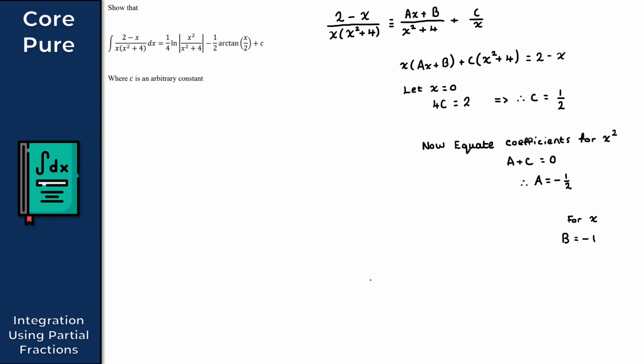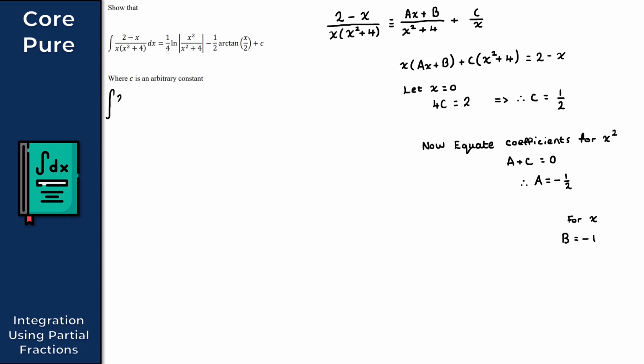Okay, so we find the value of a, we find the value of b, we've also found the value of c here. So what we can now do is rewrite this integral here using our partial fraction decomposition. Okay. So in that case then, we have the integral here. Hopefully I can just about fit all of this on here.